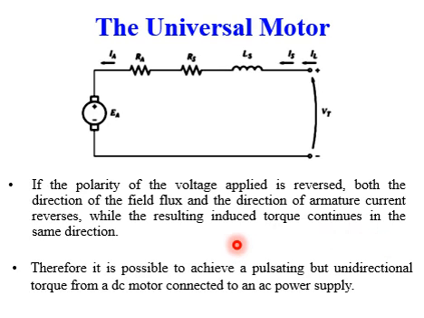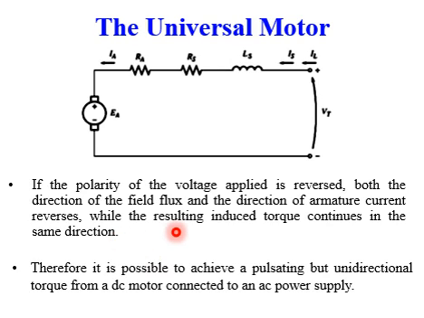It means that tau induced is equal to K into the field flux into the armature current. So if field flux and armature current are both reversed, then minus minus would be positive, or you can say the resulting torque continues in the same direction, or it is not reversed.